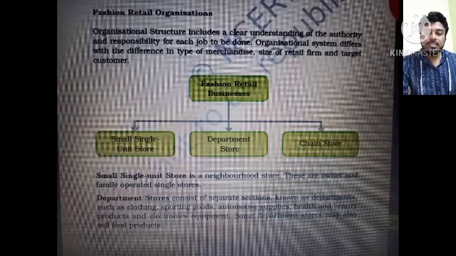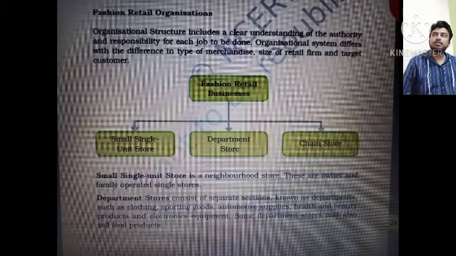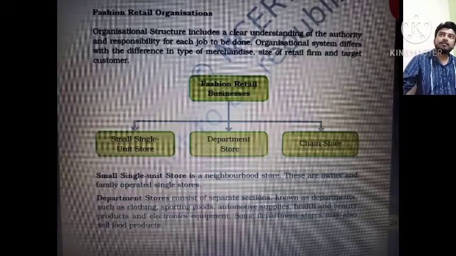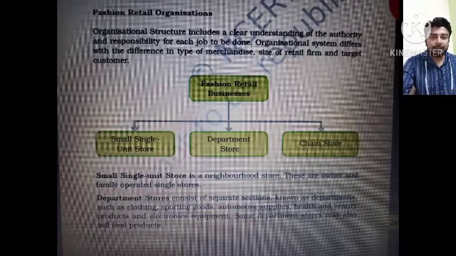And the third one is the chain store. Chain stores are retail outlets that share a brand and central management, and usually have standardized business methods and practices. So chain stores means, suppose I have started a business in my place, and I have got retail outlets in some other places, or 2 or 3 different places. Suppose my brand is ABC, any brand.